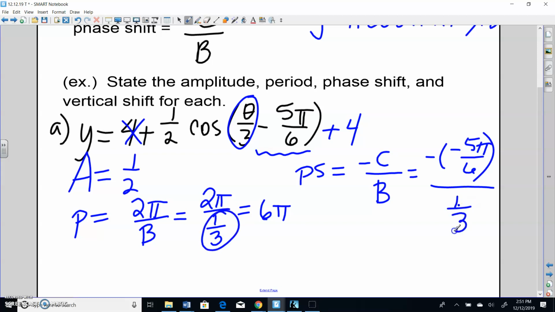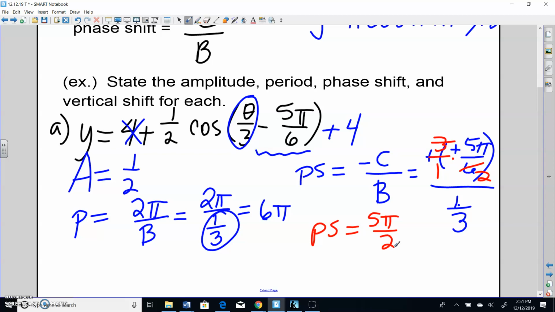So we're going to divide by 1/3. So that becomes positive. When you divide by 1/3, that's the same as multiplying by its reciprocal of 3 over 1. And that's going to give us a phase shift of 5 pi over 2. It's positive, so that means going right.